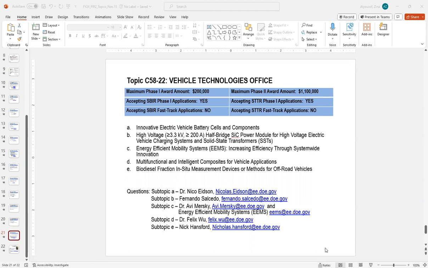Okay, thank you. Are technological solutions expected to be user installable or installed by off-road vehicle manufacturers? Primarily OEMs, I think, is the expectation.